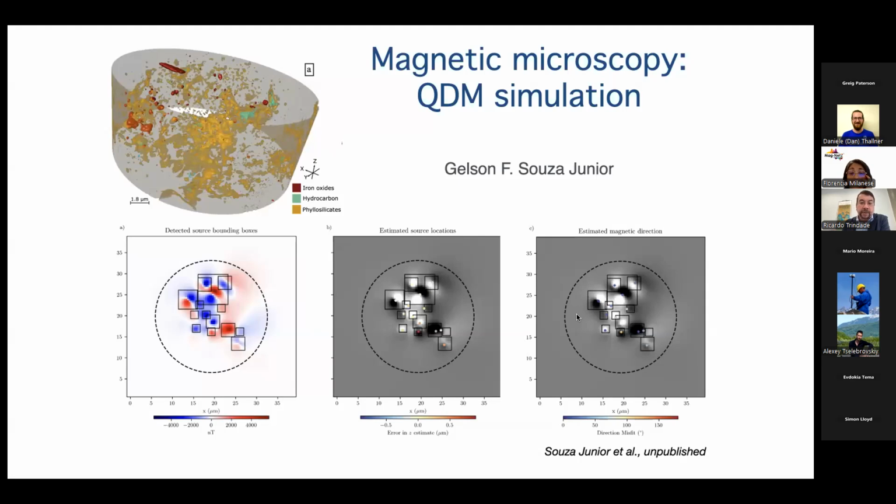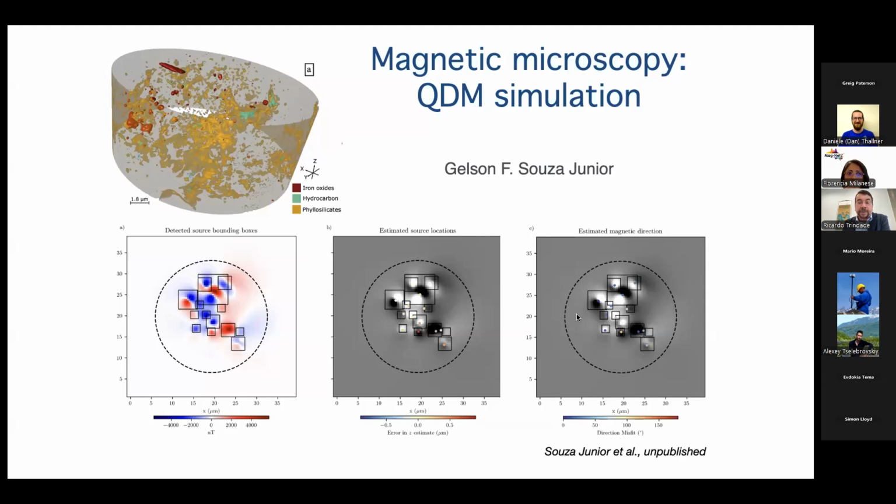To obtain the location of the sources, what Gelson has done in his work is to use a technique that is very common in aeromagnetic surveys. It's called Euler deconvolution. The Euler deconvolution technique doesn't need any other a priori information except the magnetic map itself.